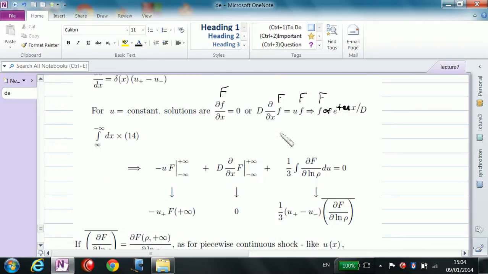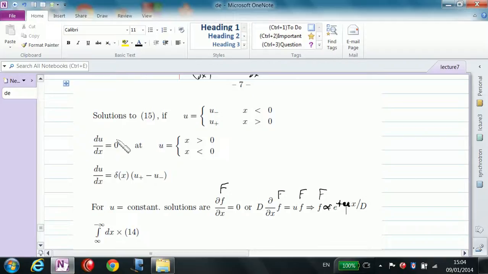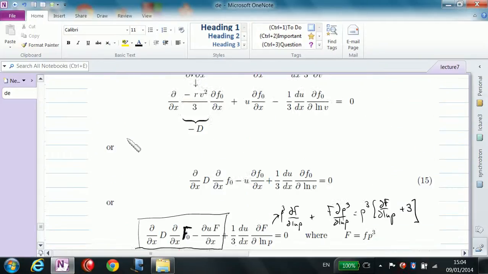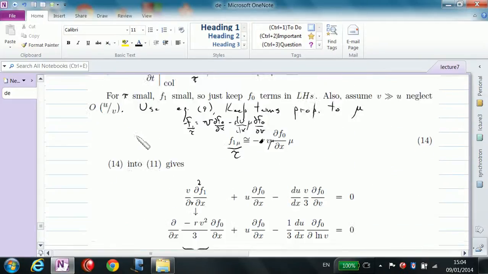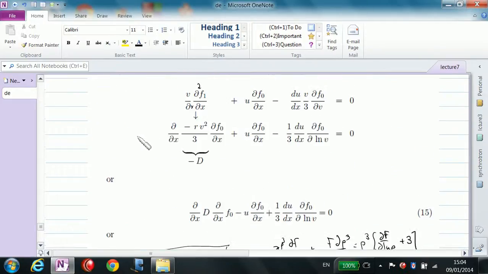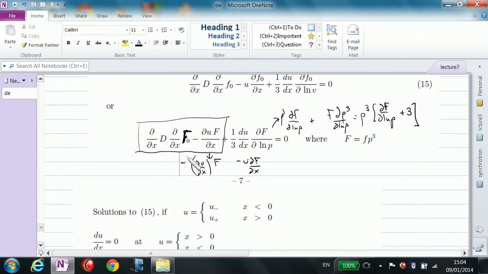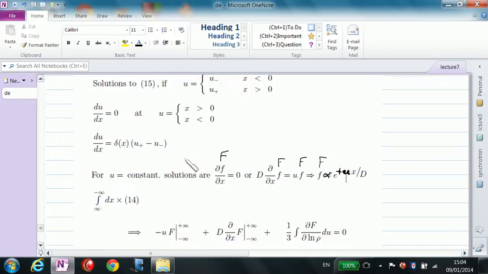And now, once we have these solutions, we take equation 14, which I think is equation 15 at this point. Is that what I said? I think I want 15 here.